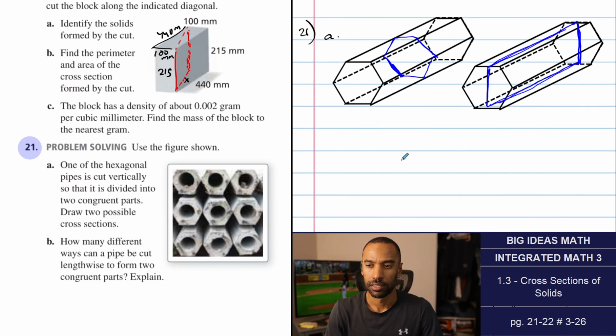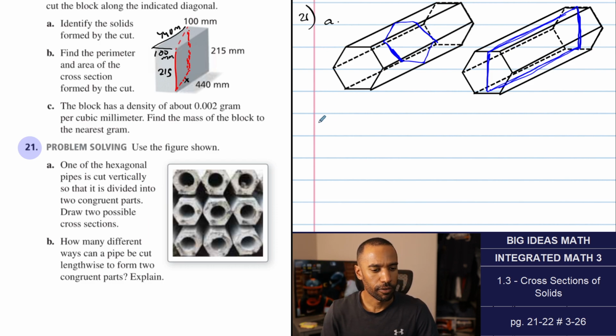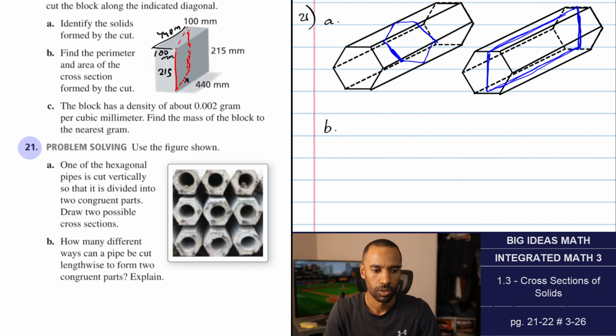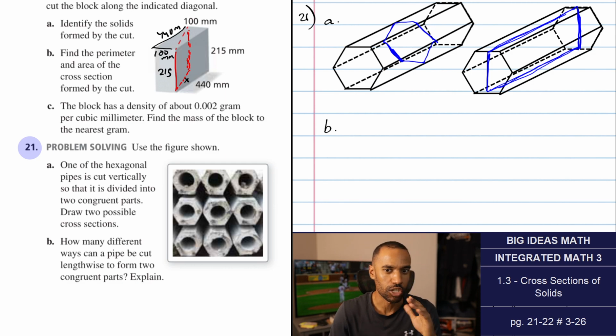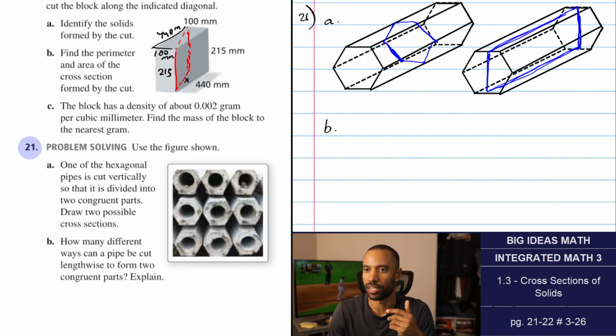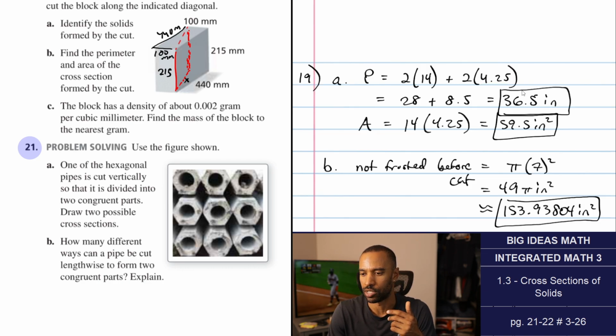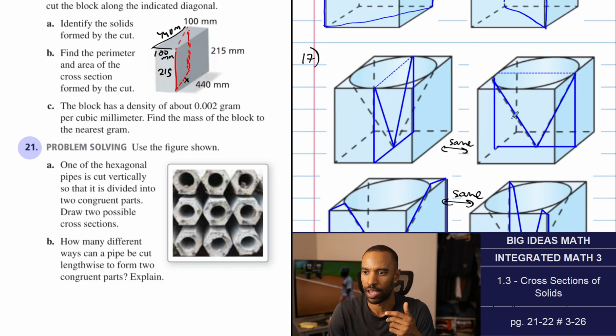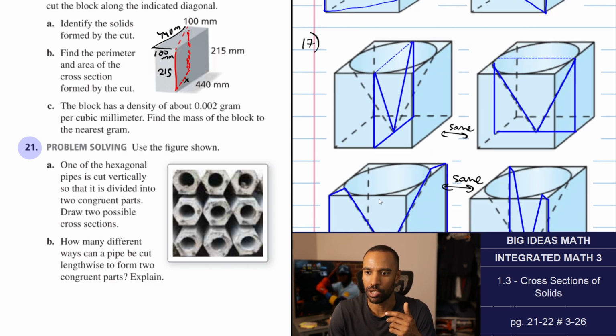Part B. How many different ways can a pipe be cut lengthwise to form two congruent parts? What do they mean lengthwise? I don't know what they mean lengthwise. Do they just mean the long? If it's the same thing as what we were doing before, with these questions right here, I can do any which way.